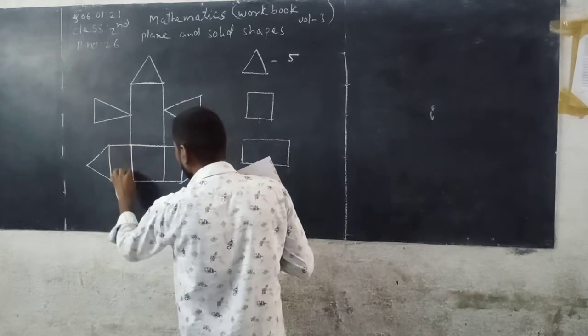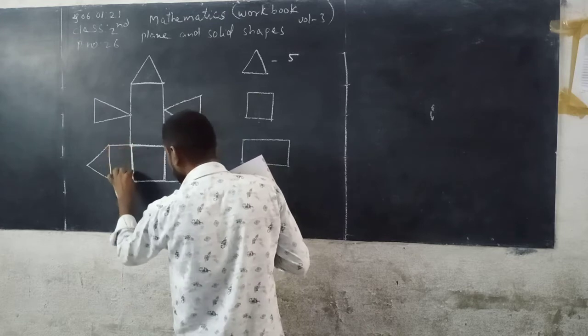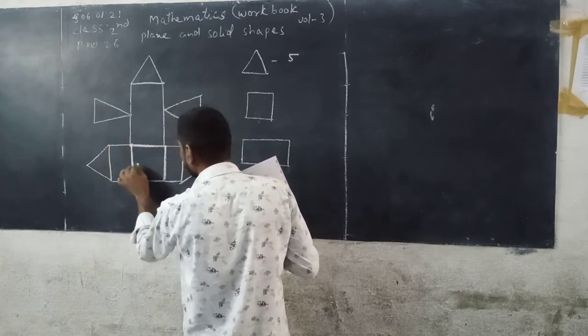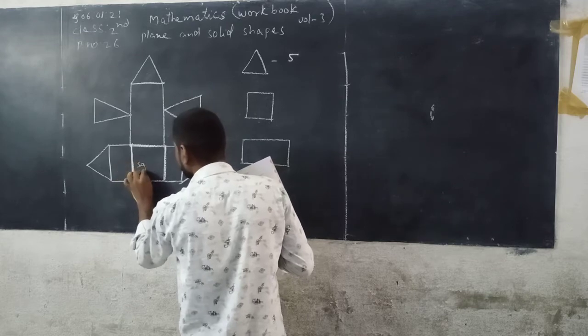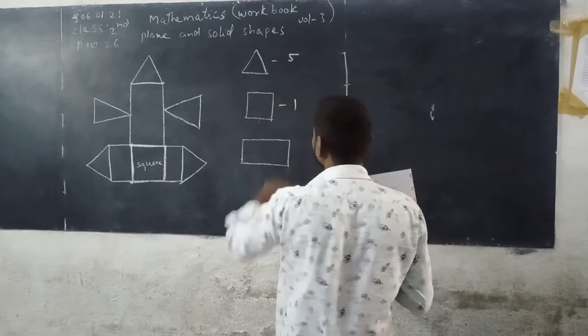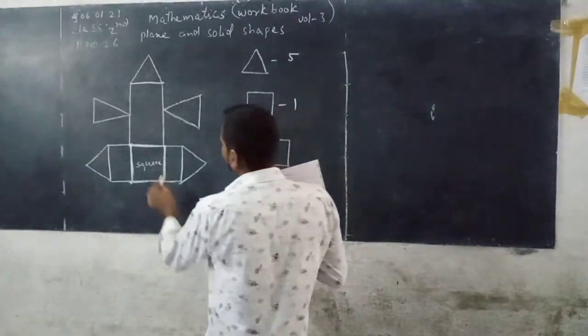Only this is one square, beta. This is only one square because in this all sides are equal in length. Then how many squares? 1. Now count the rectangles.